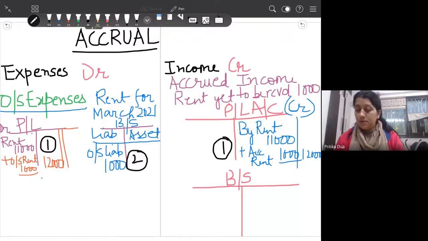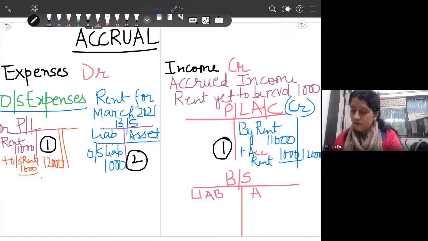Now firm का जो रेंट है वो अभी फर्म रिसीव करेगी, अभी करंट फाइनेंशियल ईयर में नहीं आया. So the firm will receive this amount in the next financial year. So this is an income that will come to the firm or cash that will come to the firm. So in any case, this is not a liability for the business. This is actually an asset for the business.